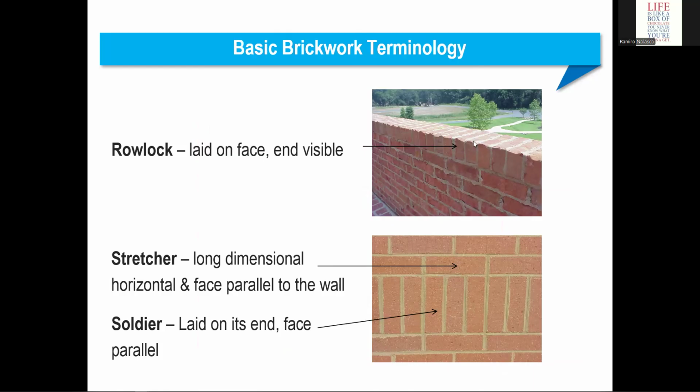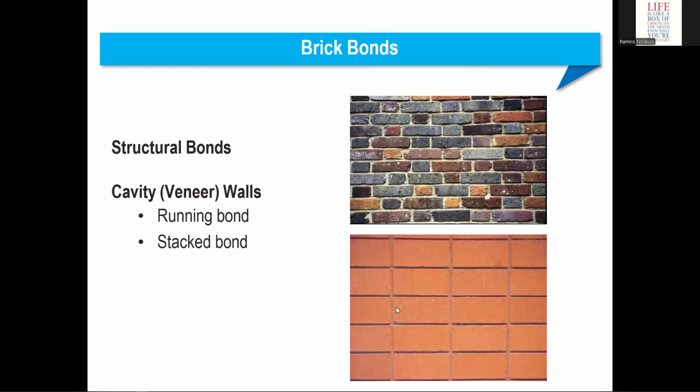When you place brick this way. Stretcher. So it stretches. And then the soldier in between. Bonds. There are structural bonds. And then cavity veneer wall where you have the running bond and stalker bond.